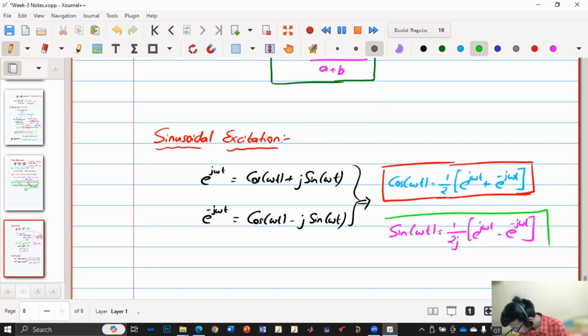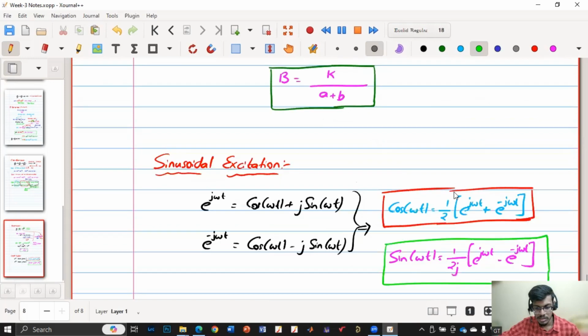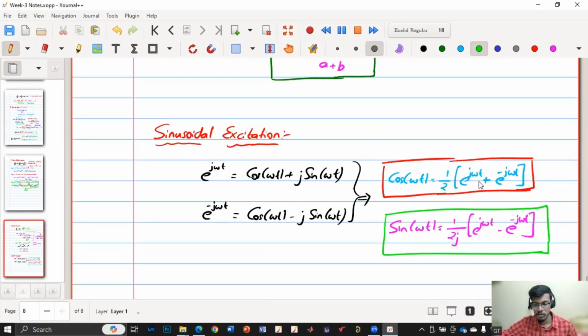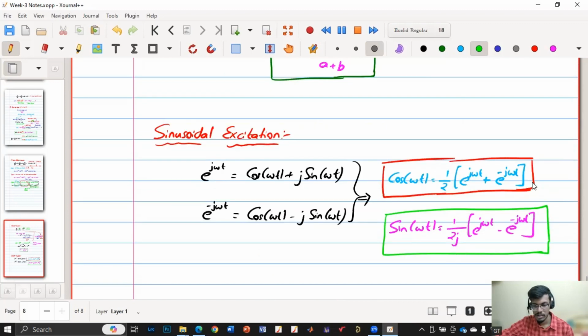So now I have converted my sine or cosine term into exponential terms, and we have already discussed what happens for exponential terms. Say the input is e to the power j omega t plus e to the power minus j omega t; here we will get a into e to the power minus at plus b1 into e to the power j omega t plus c1 into e to the power minus j omega t.